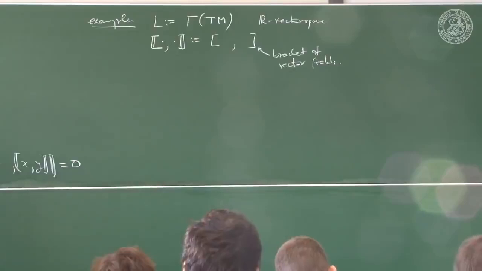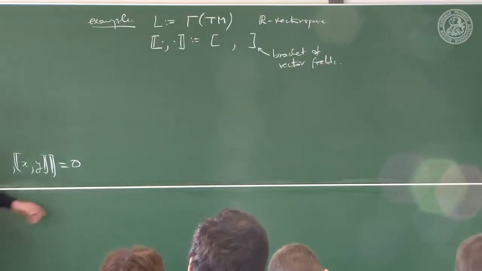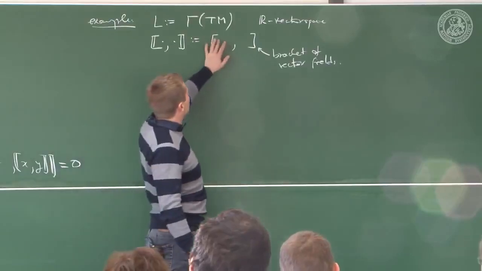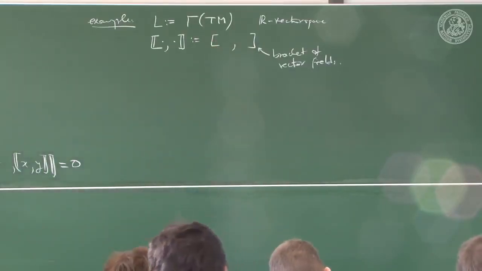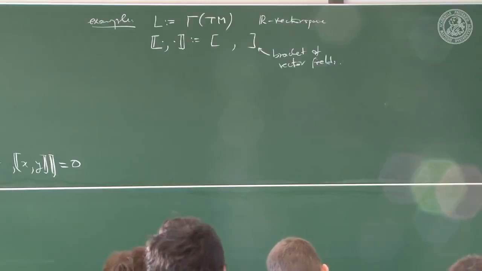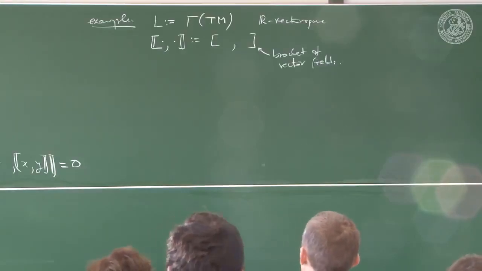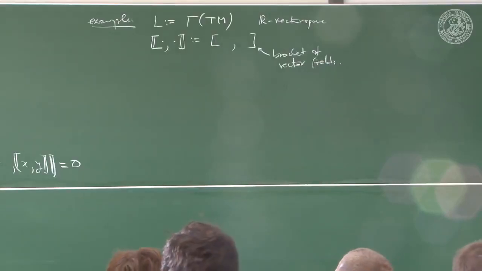Now, is the bracket of vector fields bilinear? You say, no, it isn't, because what happens if I have an f times X that is not linear? Well, it's bilinear in the vector space sense. So if I say here it's bilinear, then that refers to the vector space structure. So we're not talking about C infinity linearity, we're talking about K linearity, right?